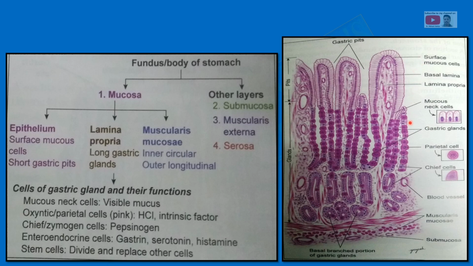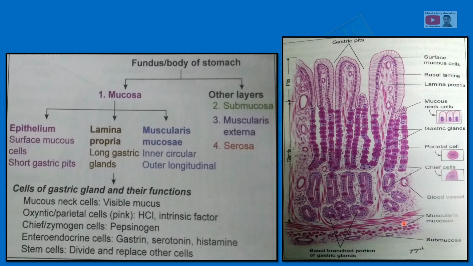Here you can see in this picture the lining epithelium with these different additional cells. Then this is the lamina propria, which is made of long gastric glands. Then we have the muscularis mucosa, inner circular and outer longitudinal.